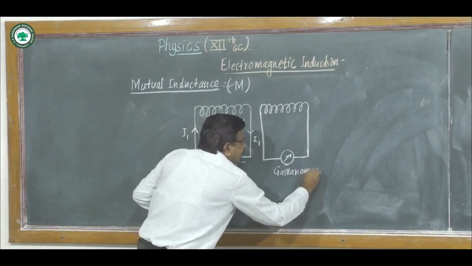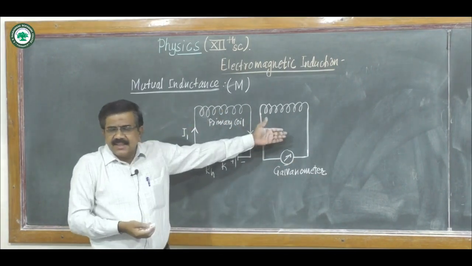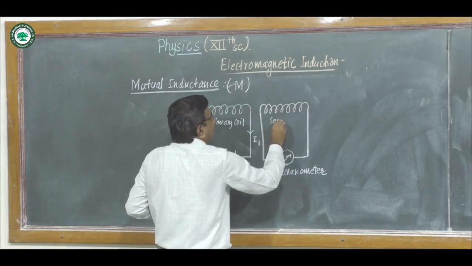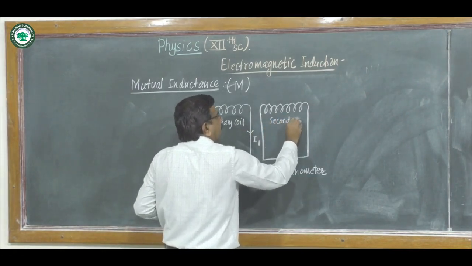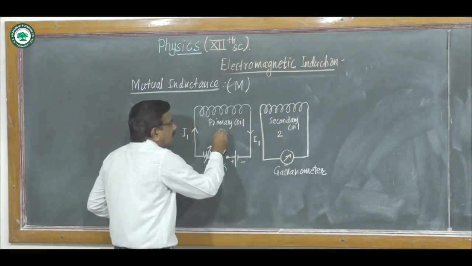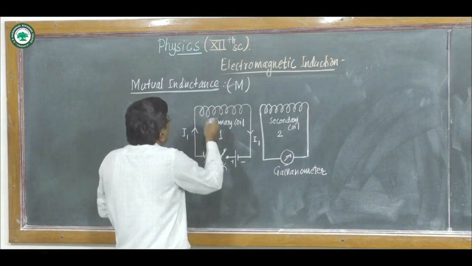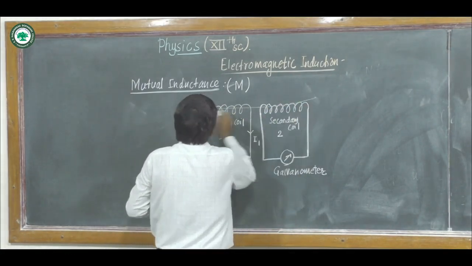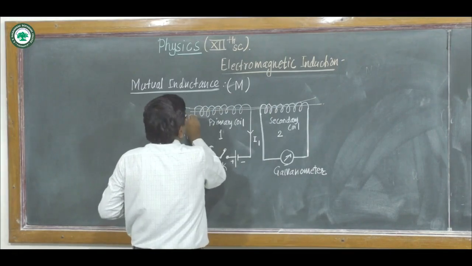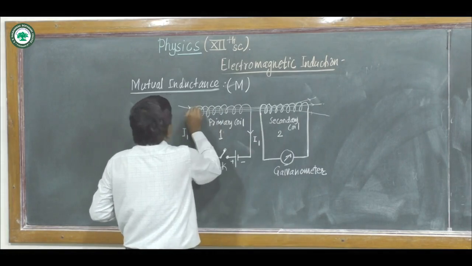It is used to detect the current in this second coil. This coil is the secondary coil. We call it coil 2. This is coil 1. The magnetic field lines pass through both these coils like this. These are the magnetic field lines through the coils.